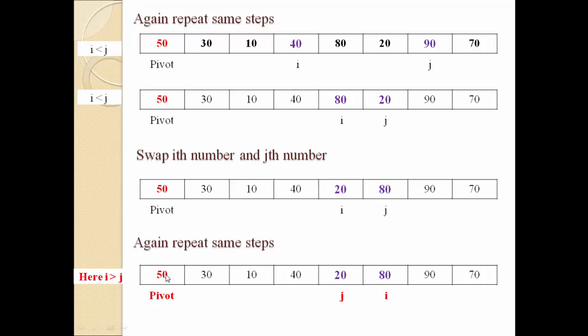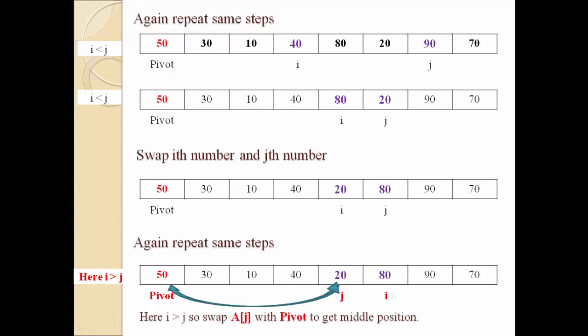So 20 will move here and 50 will move here. This is the last step. Here we check whether i is greater than j, so that a of j will swap with the pivot element and we get the middle position, that is the position of 50. Right? So this is the swapping with the pivot element.